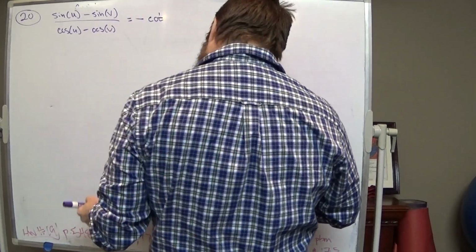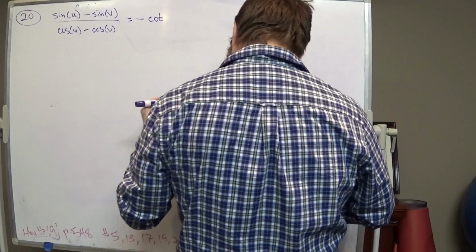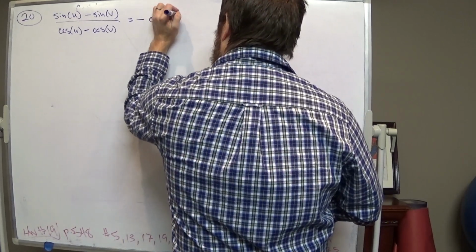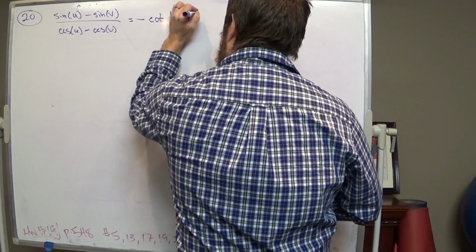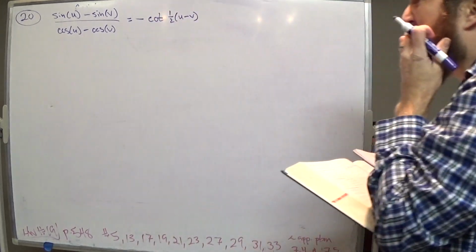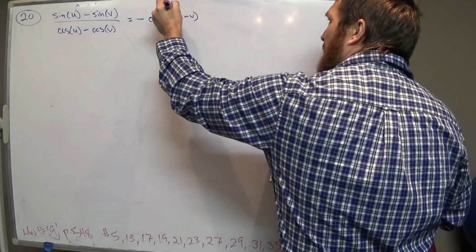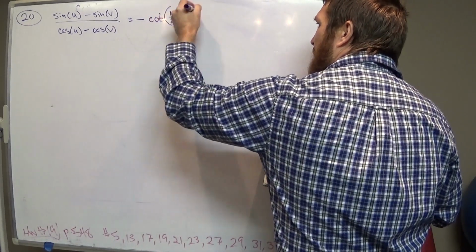And this is how it's written in your book. This is why I want to talk about this, because boy, this is annoying: 1/2 u minus v. What they mean by this is that this is cotan of these things.